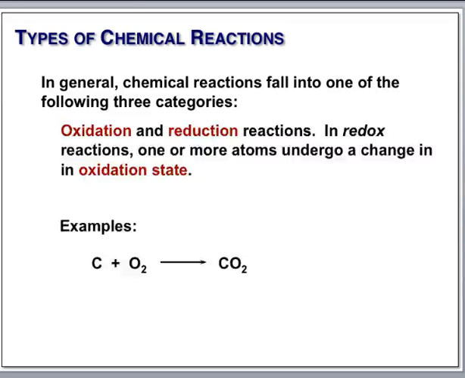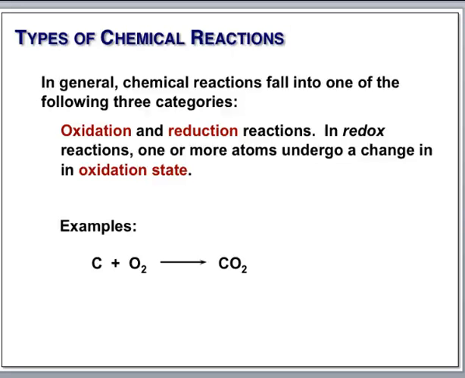Oxidation and reduction. Well, this is the class that we're going to go over today. In a redox reaction, the oxidation numbers of the compounds change as the reaction occurs. This is probably the most important and the broadest of these reactions that we'll talk about.